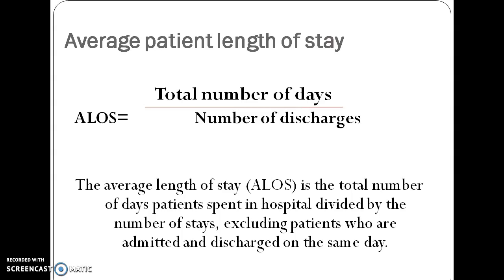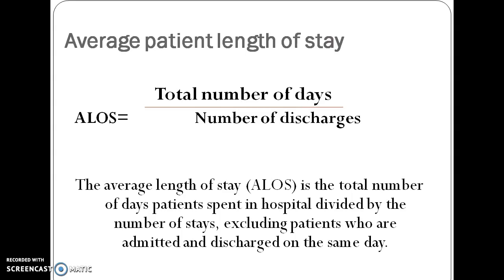The average length of stay is the total number of days patients spent in hospital divided by the number of stays, excluding patients who are admitted and discharged on the same day. Now, in average length of stay, we do not include patients who are admitted and discharged on the same day. In certain cases, when patients come to the emergency department, you keep the patient as an emergency case for 3 to 4 hours.